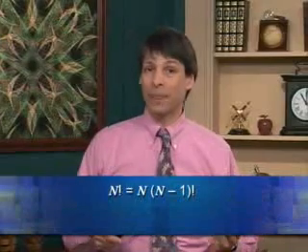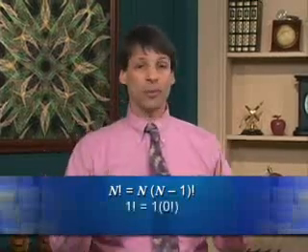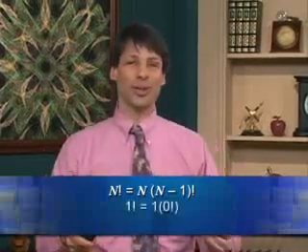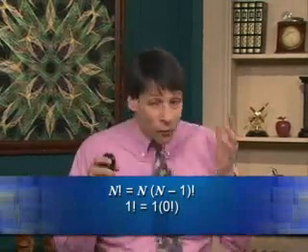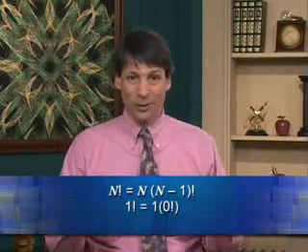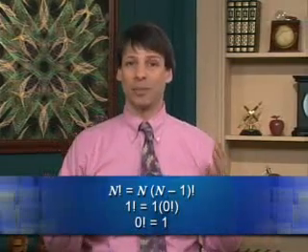In general, for any number n greater than or equal to 1, n factorial is n times n minus 1 factorial. Notice that when n is 1, this formula says 1 factorial is 1 times 0 factorial. And in order for 1 factorial to be 1, we're going to have to define 0 factorial to be 1. Also, defining 0 factorial to be 1 is better for all our formulas to work out appropriately.